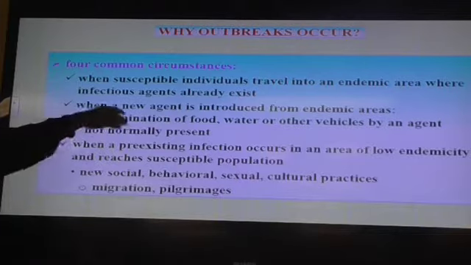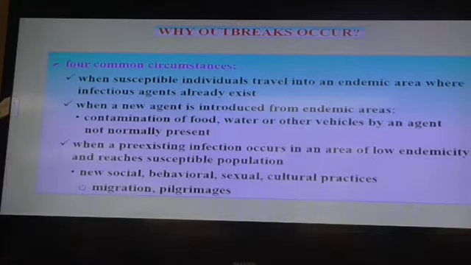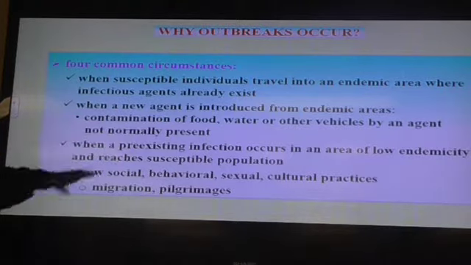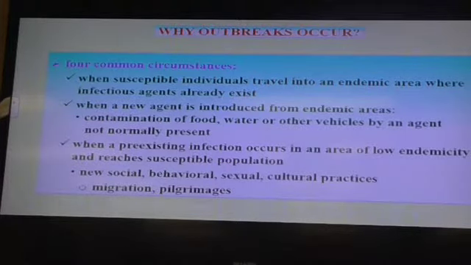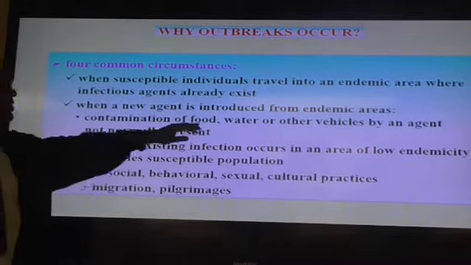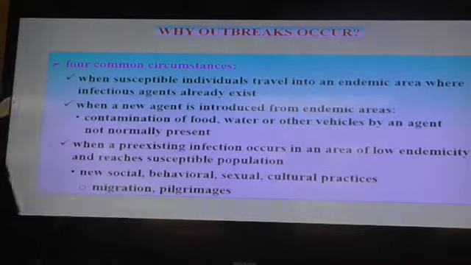The second is a reversal of that one, when a new agent is introduced from an endemic area. You have an agent from somewhere being introduced into a susceptible population. This occurs by contamination of food or water or other vehicles by an agent normally present.